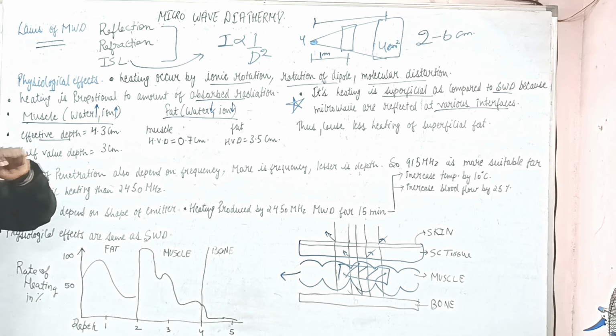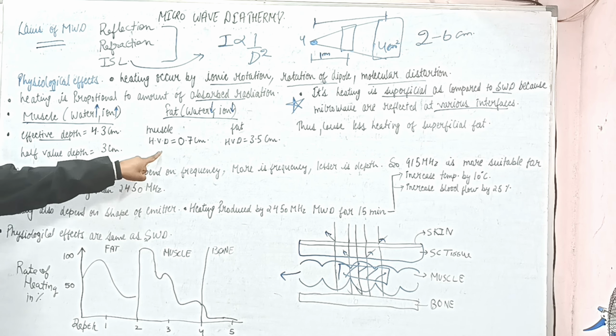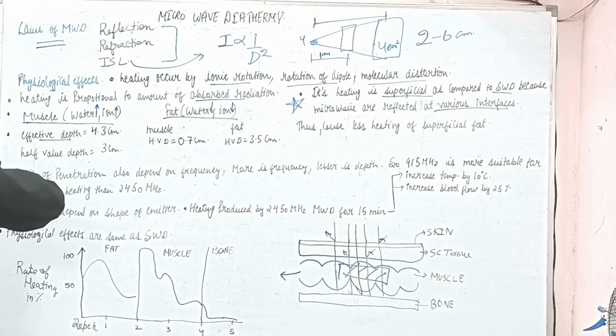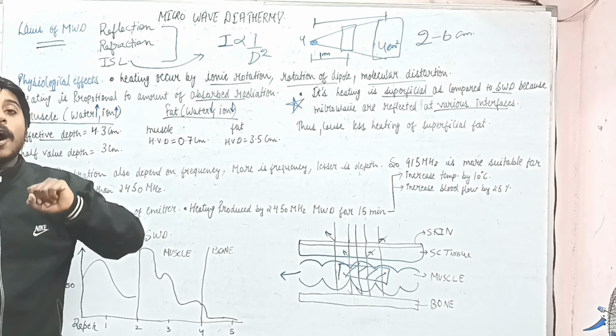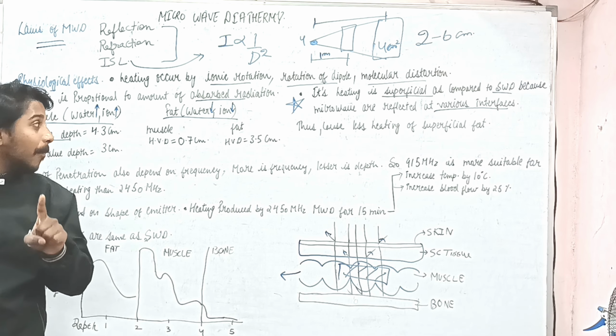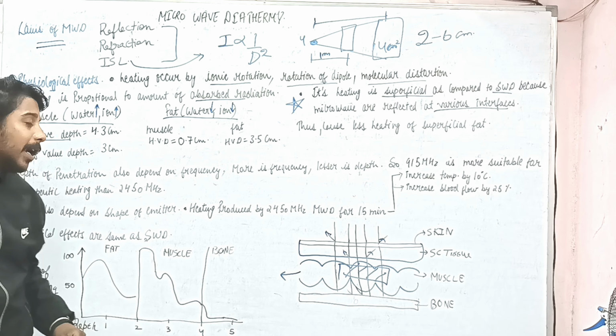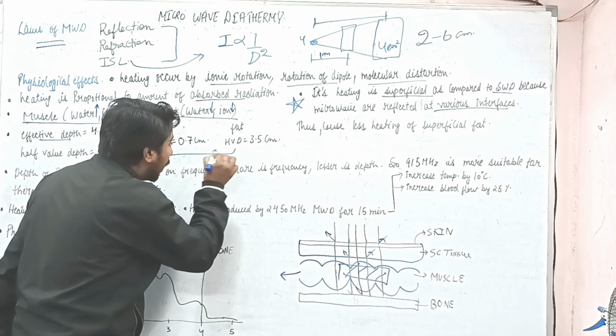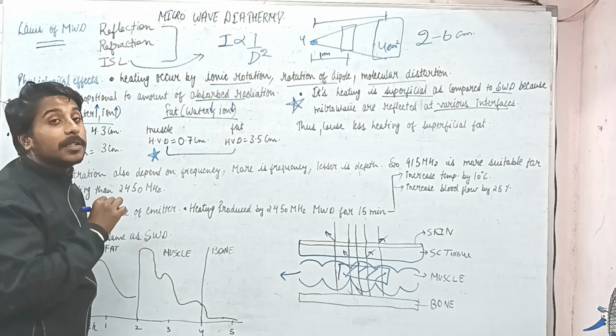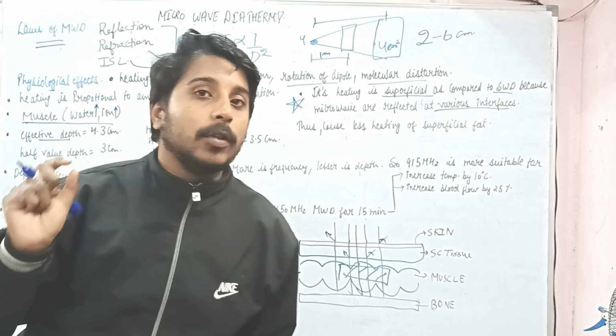Now, in muscle, half value depth is 0.7 centimeter, while in fat, half value depth is 3.5 centimeter, and this itself is very amazing because this will explain us a very beautiful thing.